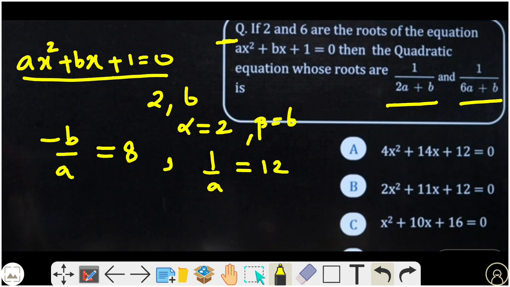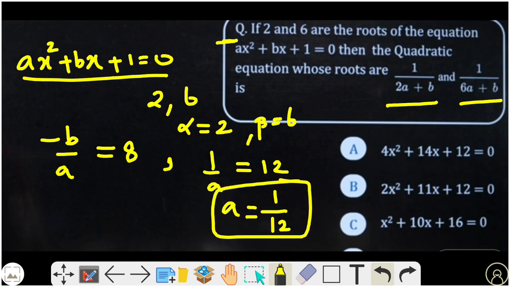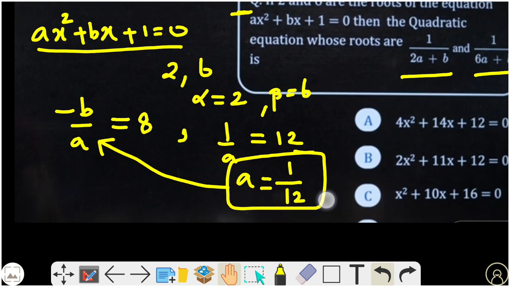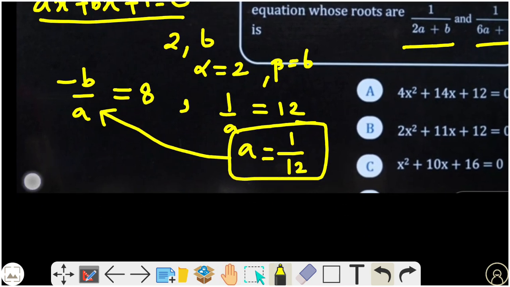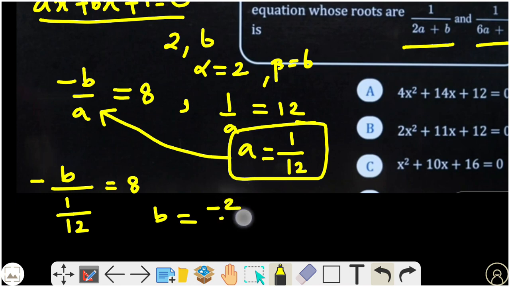So a is equal to 1 by 12. We substitute here to find the value of b. Minus b divided by 1 by 12 is equal to 8, so b is equal to minus 2 by 3.